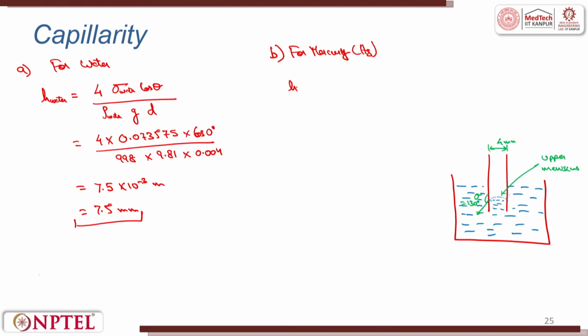H for mercury is equal to 4 times the surface tension for mercury and cos of the angle, divided by rho for mercury into G into the diameter of the capillary tube.